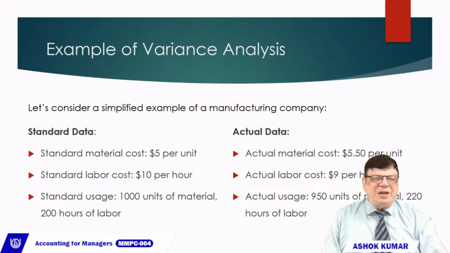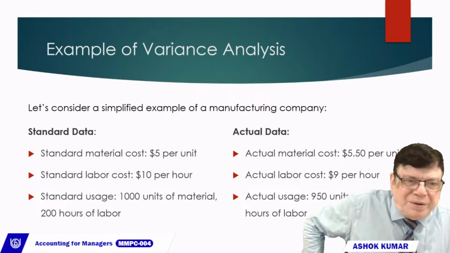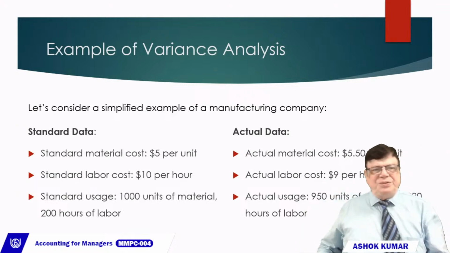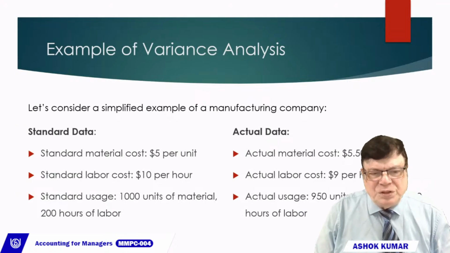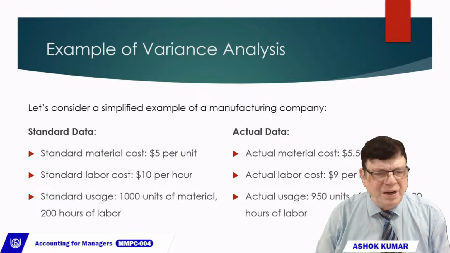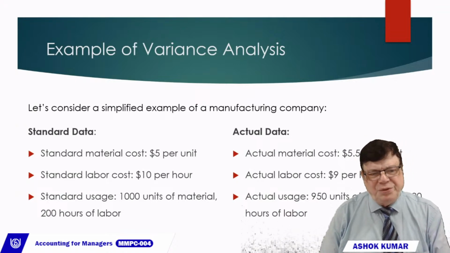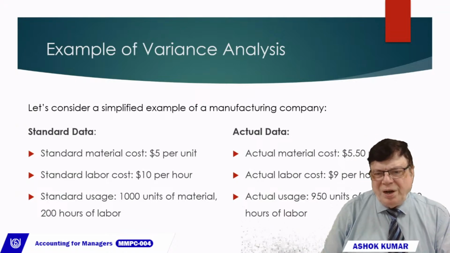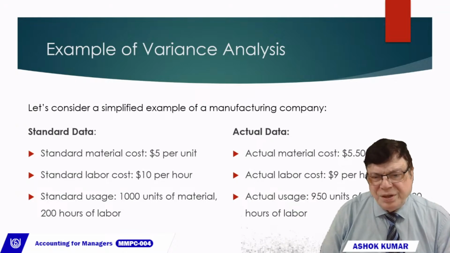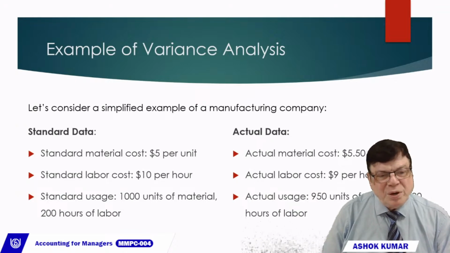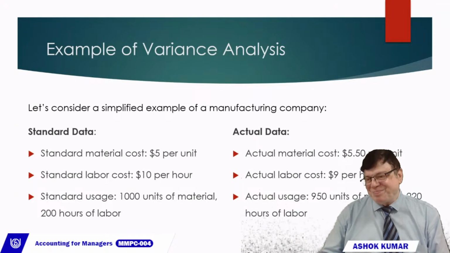Standard usage was earlier 1000 units, but actual usage is 950 units of material and 220 hours of labor. Whereas according to standard data, 1000 units of material and 200 hours of labor. Here the units are reduced, but the labor hours are increased.